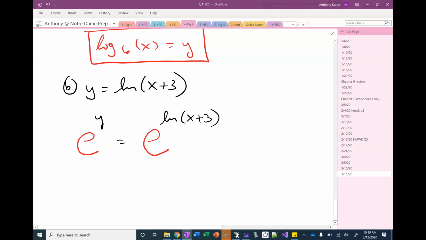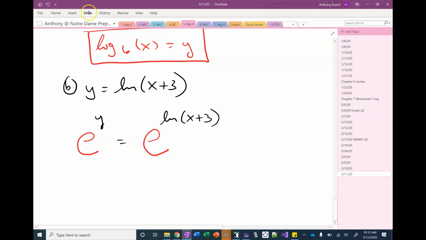So notice how I wrote this e quite large and exaggerated. I want to emphasize that we're not multiplying both sides by e. We're making both sides exponential, where e is the base of the exponential, and the left-hand side is the exponent on the left-hand side, and the right-hand side is the exponent on the right-hand side. Everybody's okay with that?